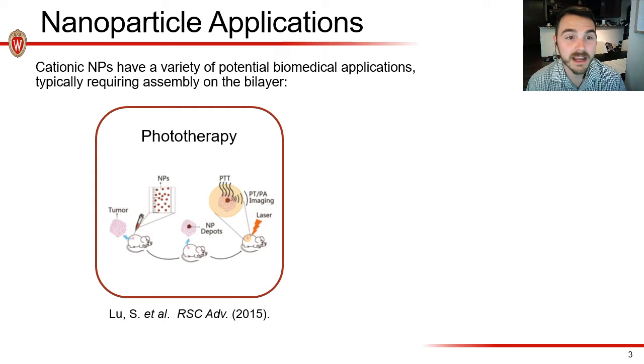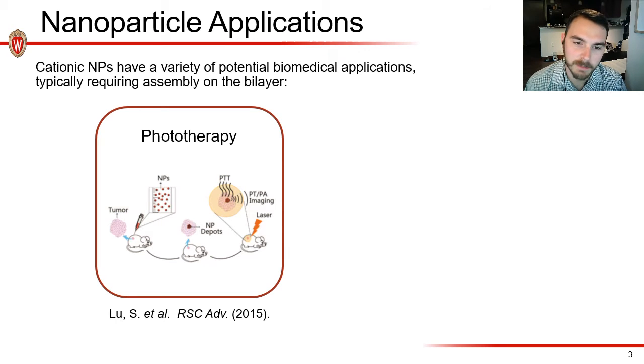Specifically, cationic nanoparticles, which we're interested in here, have a variety of potential biomedical applications. And these typically require assembly to the bilayer. For this first example, we have phototherapy, where we have a mouse with a tumor, and we have a collection of nanoparticles that we inject into the mouse. Those nanoparticles will deposit selectively on the tumor, and once they deposit, you can shine a laser on that deposit.